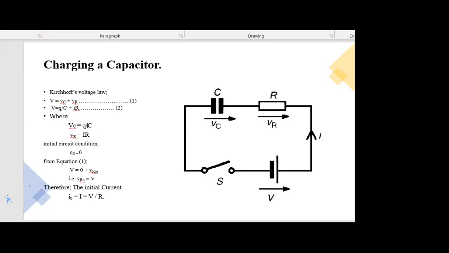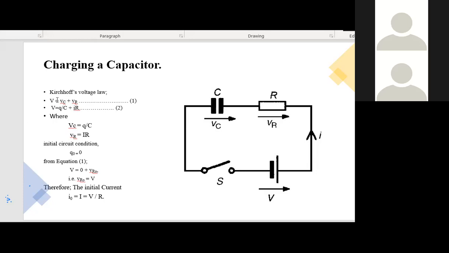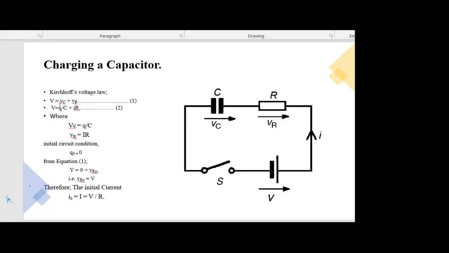We substitute for VC in the first equation, and using Ohm's law, we know that VR will be equal to IR. So we substitute here.